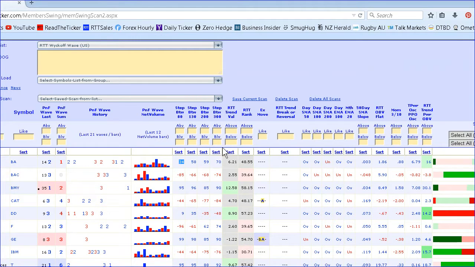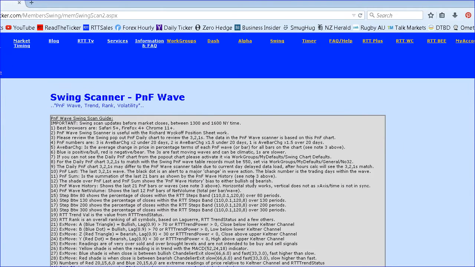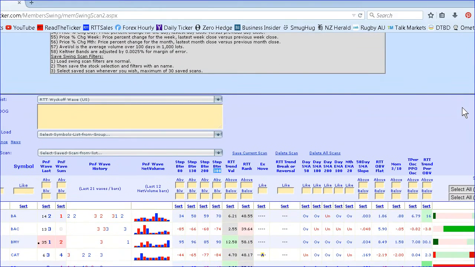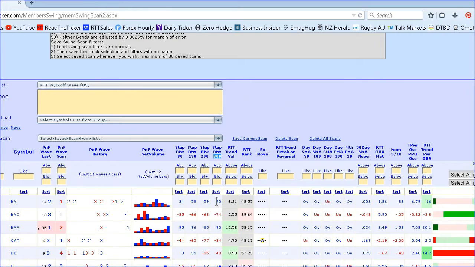Now we want to find a high continuation, so obviously we've got 80 periods, 130, 200, 300. So here we have, of all closes in a step, which is measured at the same one I just quoted, where the step is 110.1, 128, it says 70% of all closes are within the bull step because it's blue.